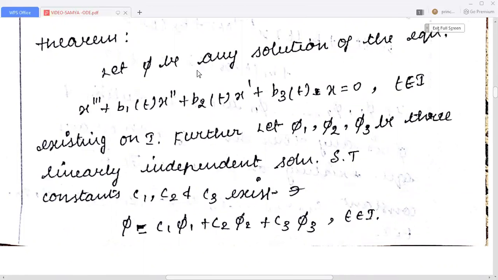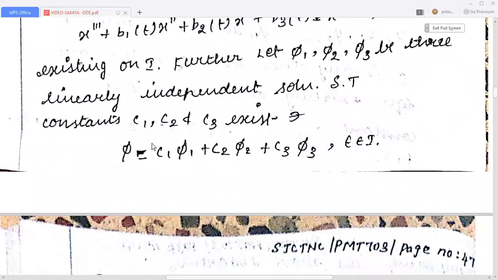Let phi be any solution of the third order differential equation x triple dash plus b1 of t into x double dash plus b2 of t into x dash plus b3 of t into x equal to 0 existing on interval I. Further, let phi 1, phi 2, phi 3 be three linearly independent solutions.